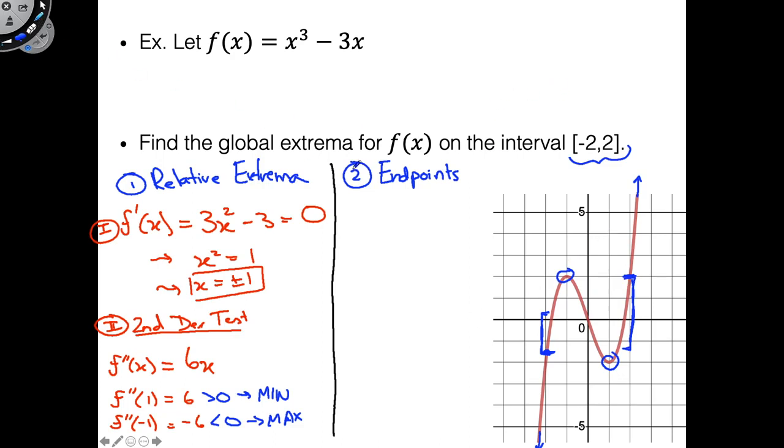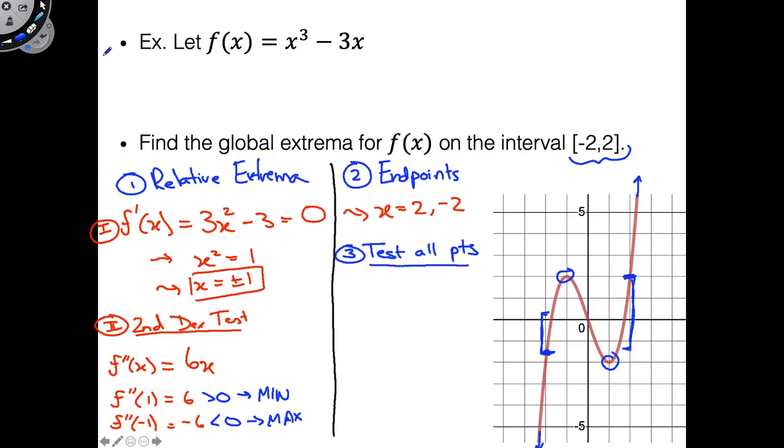So here's what we're going to do now. We want to get our endpoints, and in this case, our endpoints are just going to be x equals 2 and minus 2, okay? And then we're going to test all of the points that we have as our candidates.